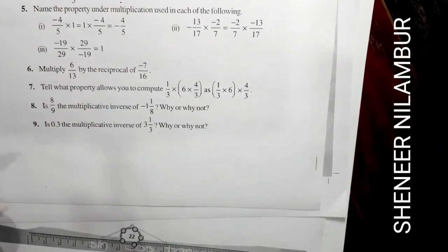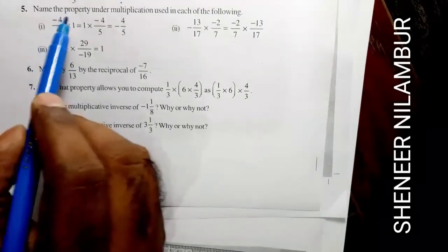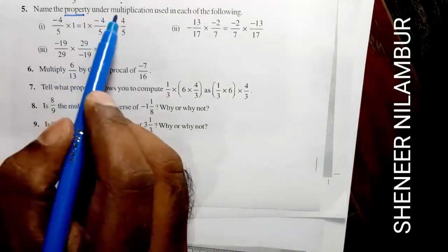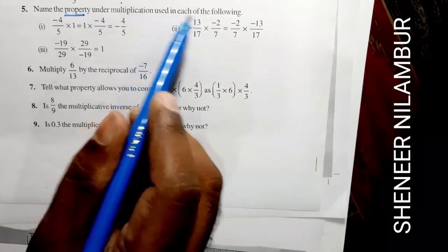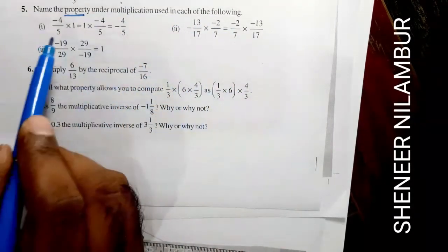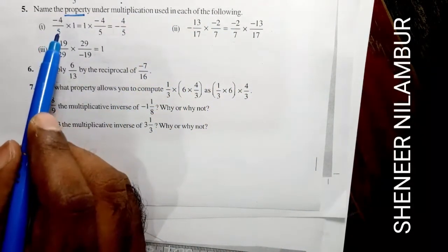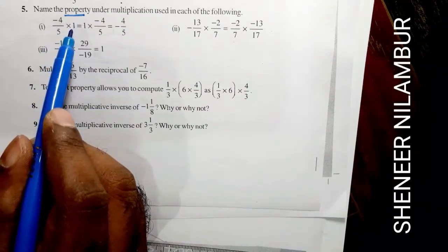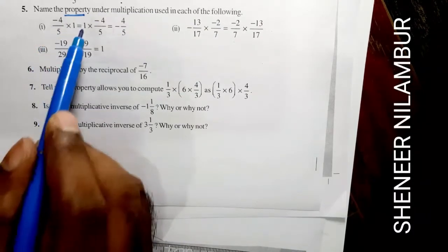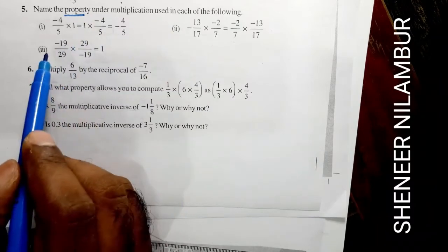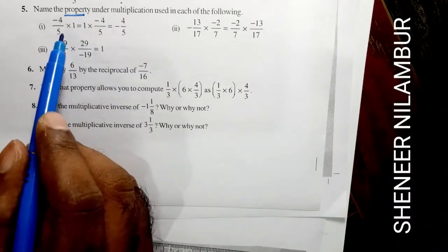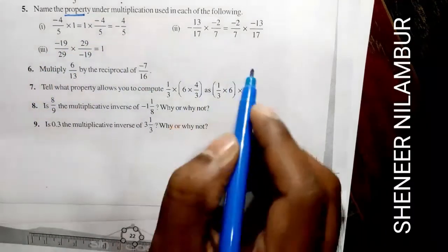Now we are going to discuss question number 5. In this question, name the property. Which property under multiplication is used in each of the following? Here, minus 4 by 5 into 1. That order we changed, 1 into minus 4 by 5. In such cases, we want to recall a into b.